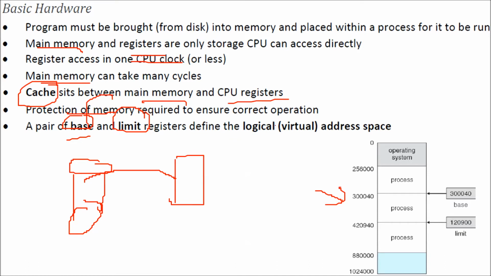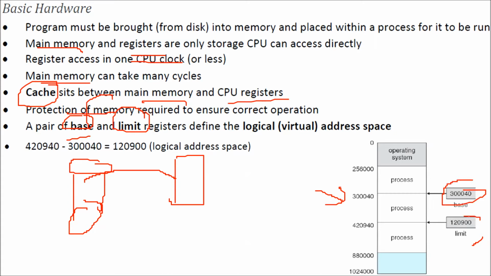For example, this is your base, this is your limit. How did we get this limit? This is the upper limit; we subtract the lower from the upper. The space between the base and the highest address for any process is the logical address space. I hope you got the idea. This is the logical address space for this process.